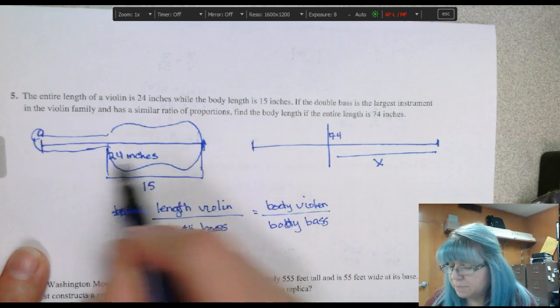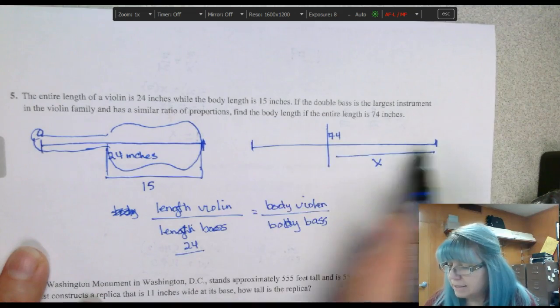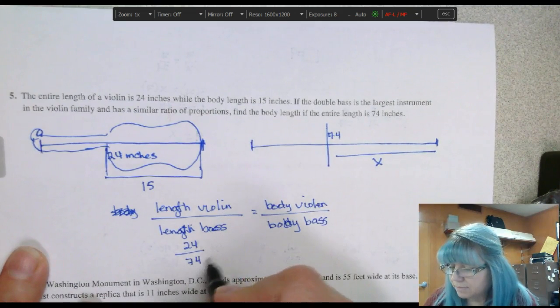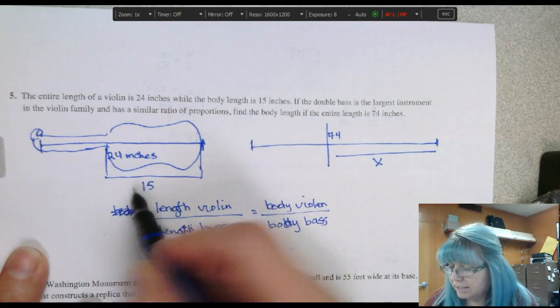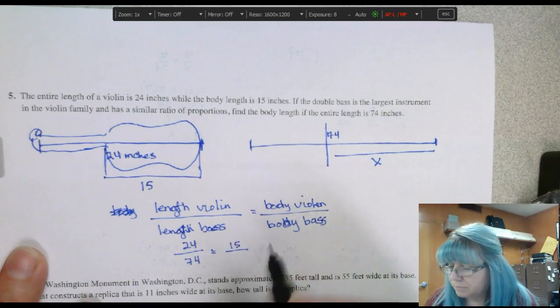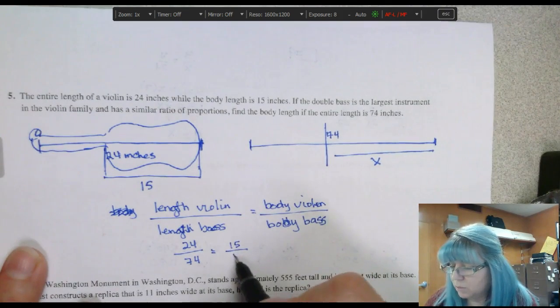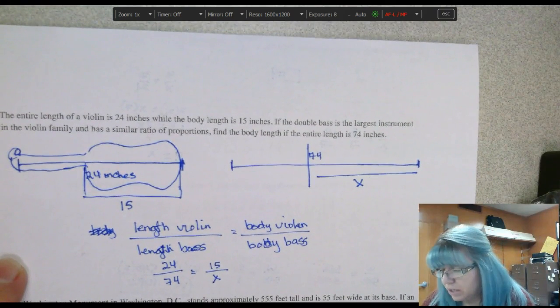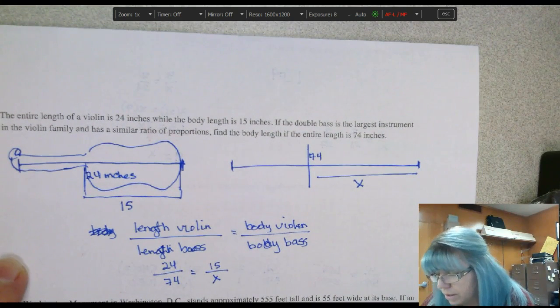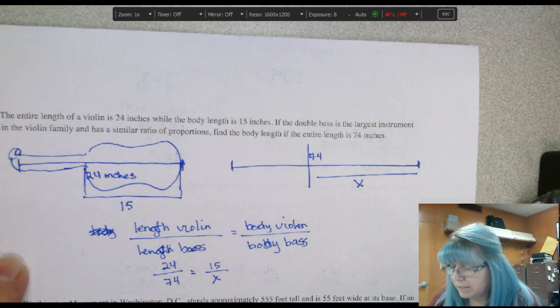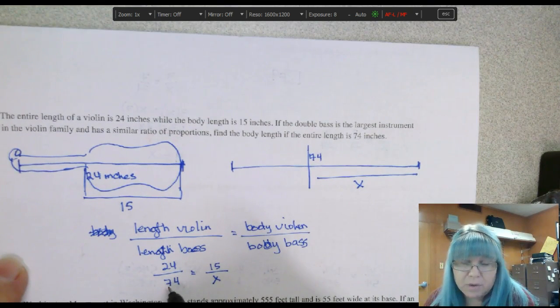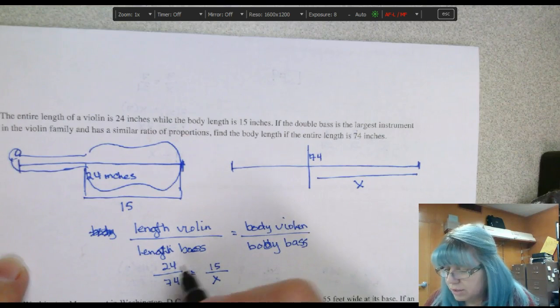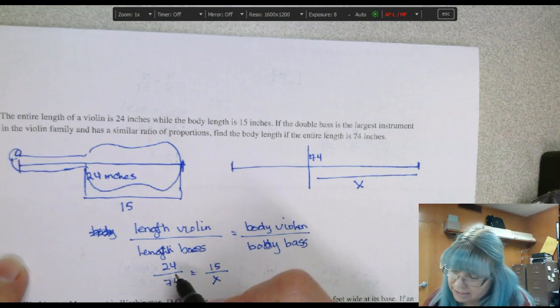The length of the bass is 74 inches. The body of the violin is 15. The body of the bass is, we don't know. Okay. Is there anything here that we can reduce? Could. And I think I will, because I don't like working with this big number of 74, so I will reduce.